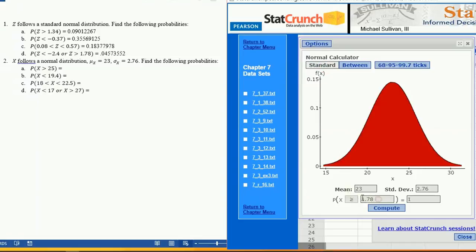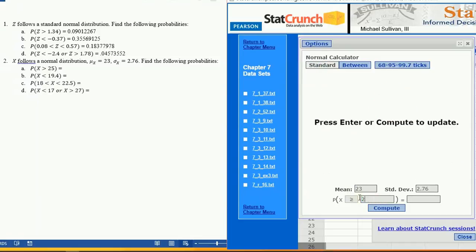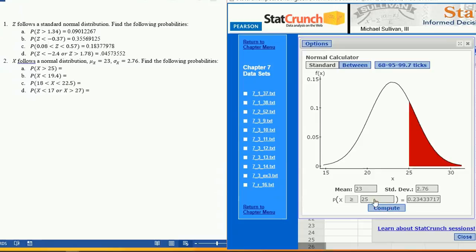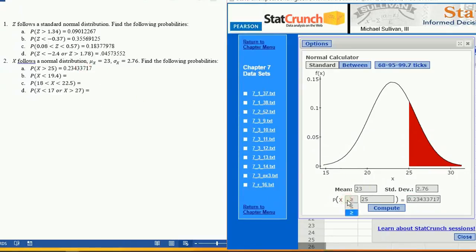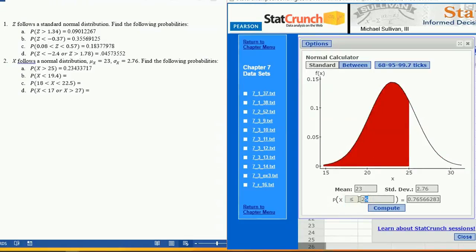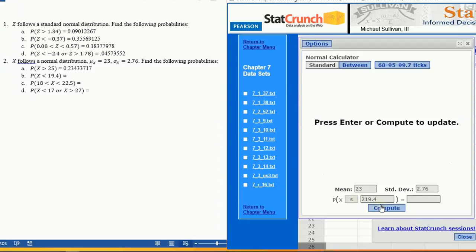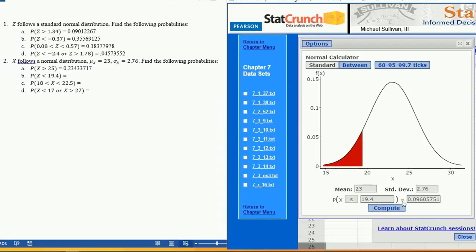The probability of x being greater than 25, easily done. The probability that x is less than 19.4, just type it in. Easy.